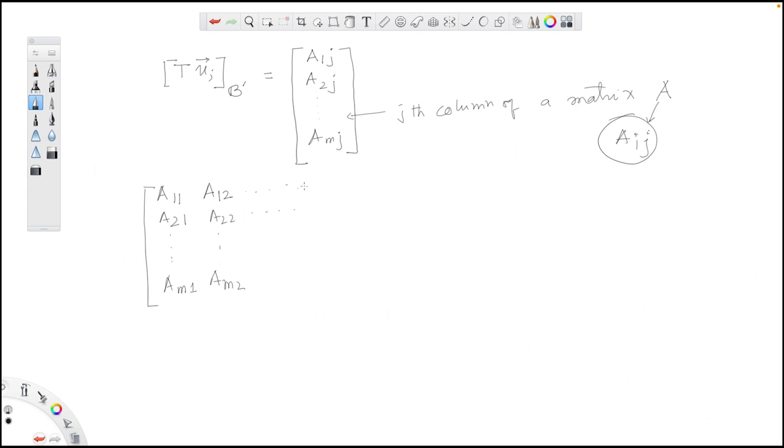And then the last column, since j is between 1 and n, is going to be A1n, A2n, all the way down to Amn.